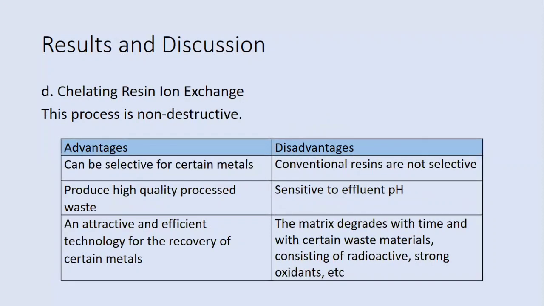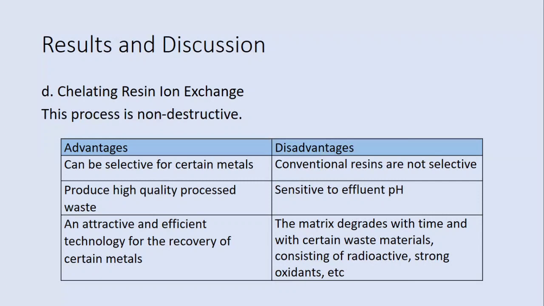And four, chelating resin ion exchange. This process is non-destructive. The advantages of chelating resin ion exchange: it can be selective for certain metals, produces high quality process waste, and is an attractive and efficient technology for the recovery of certain metals.